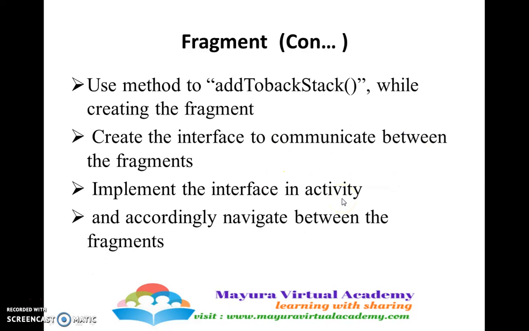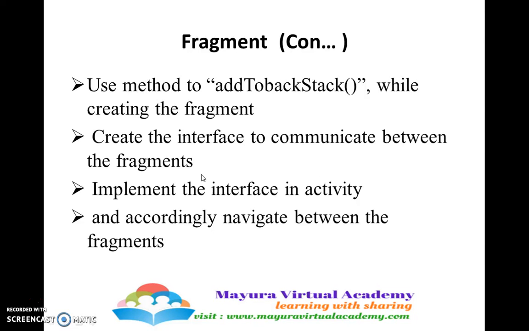Whenever you want to communicate between the fragments, say the user clicks on fragment A and you want to launch fragment B, as I told earlier, the fragment will not know on which activity it has been hosted. So we'll be creating an interface to communicate between the fragments, and you'll be implementing the interface in the activity in which you are including the fragments.